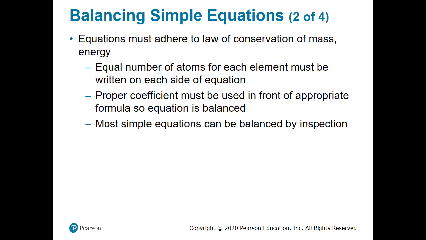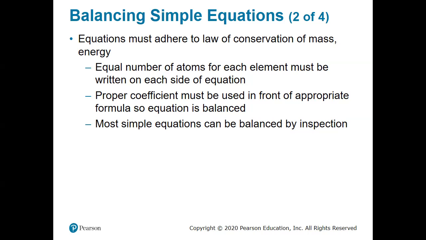Eventually, you should be able to get to the point where you can balance an equation just by looking at it. You look at it and say, okay, there's more sulfur on this side than this side, I need to do this over here. But before we get to that point, we're actually going to introduce something else.